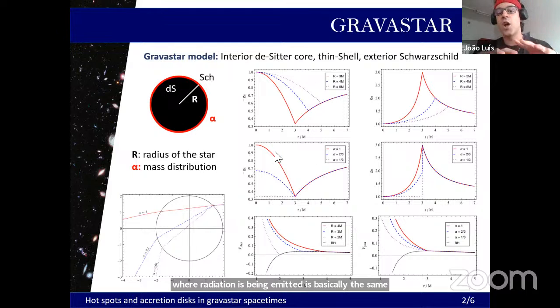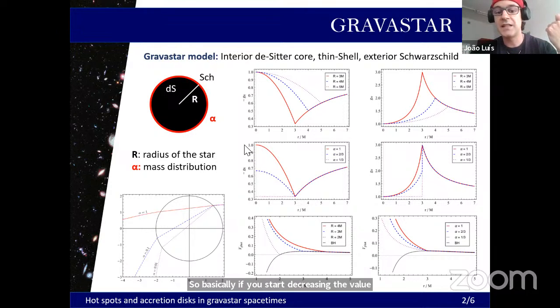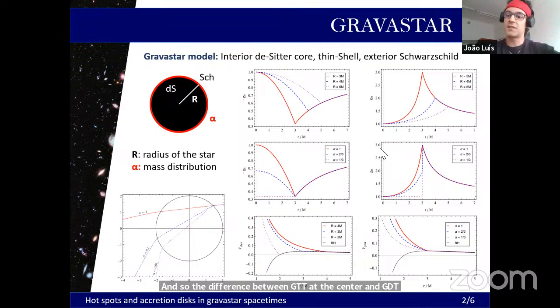But if you start moving the mass of your gravastar to the surface, so basically if you start decreasing the value of alpha, you see that g_tt at the center starts decreasing. So the difference between g_tt at the center and g_tt at the observer is bigger, and that causes the effects of gravitational redshift to produce a shadow.